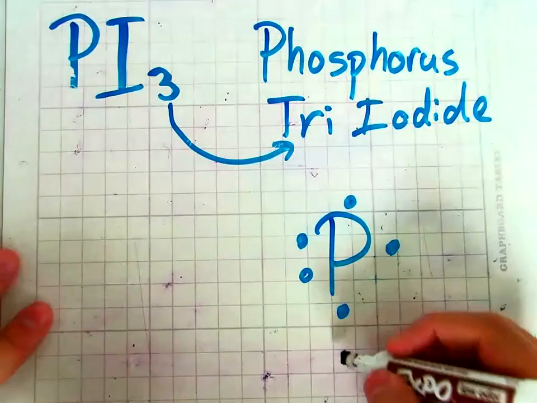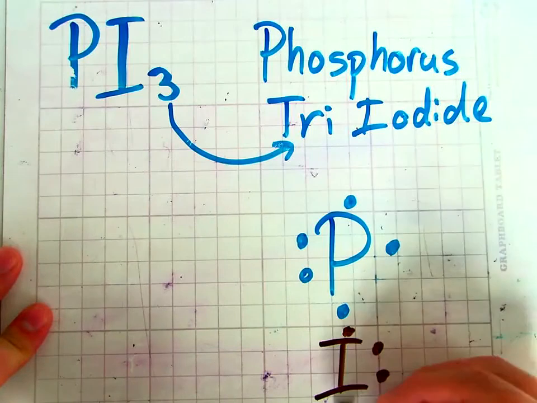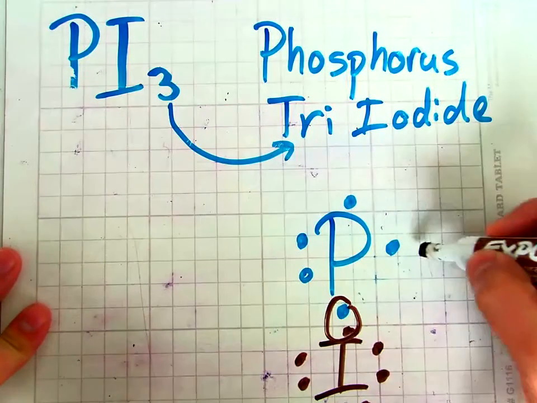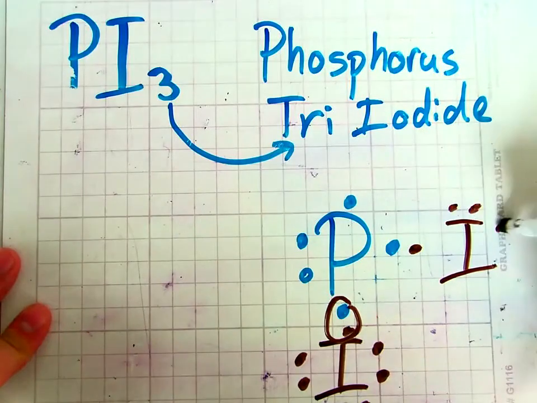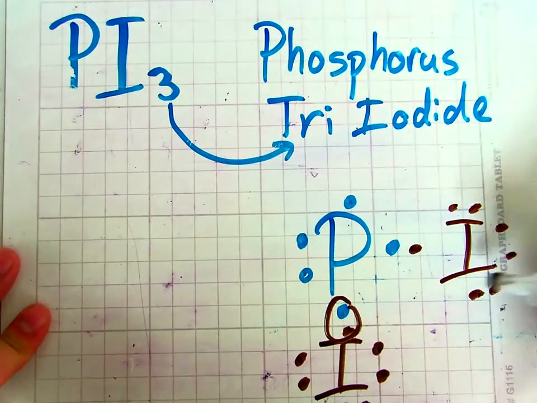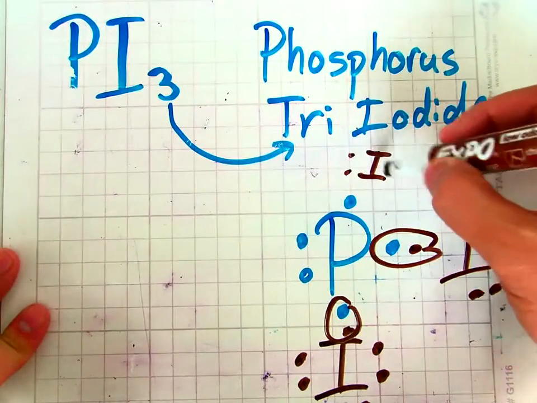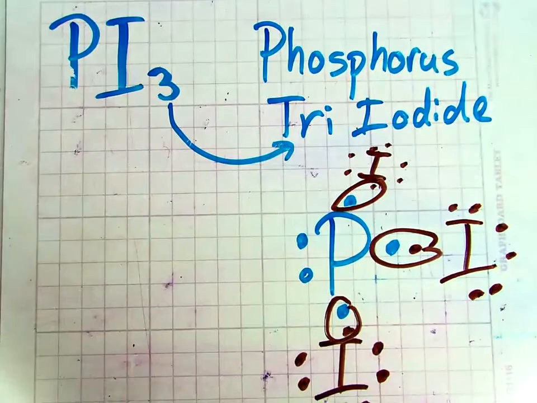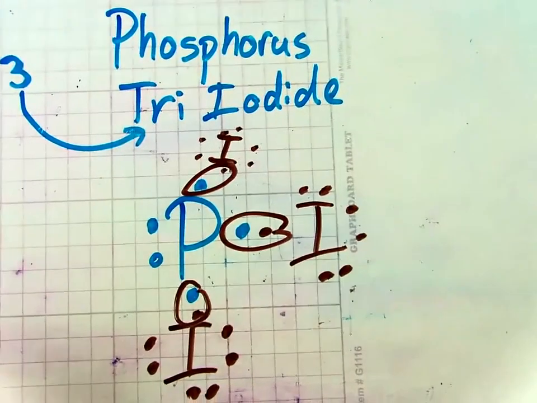Iodine has 7 valence electrons. So iodine wants to gain 1. Phosphorus wants to gain 3. So we're going to need 3 iodine atoms to come together with our phosphorus. And it's going to bond together like that.